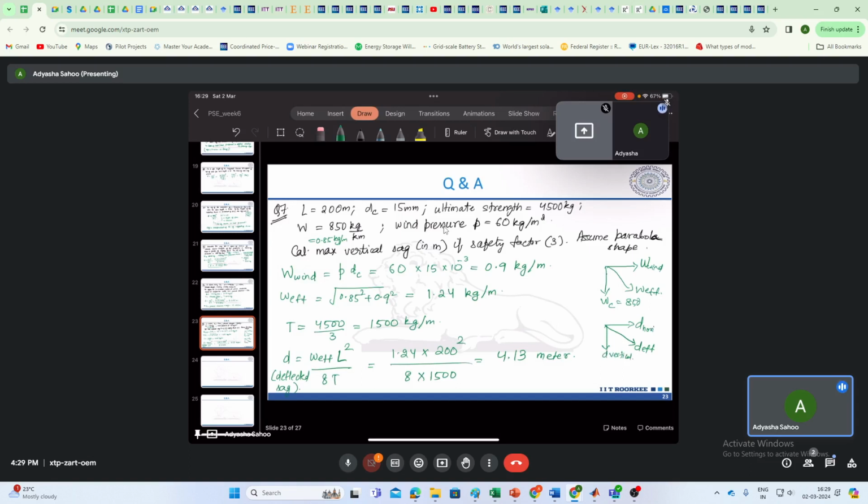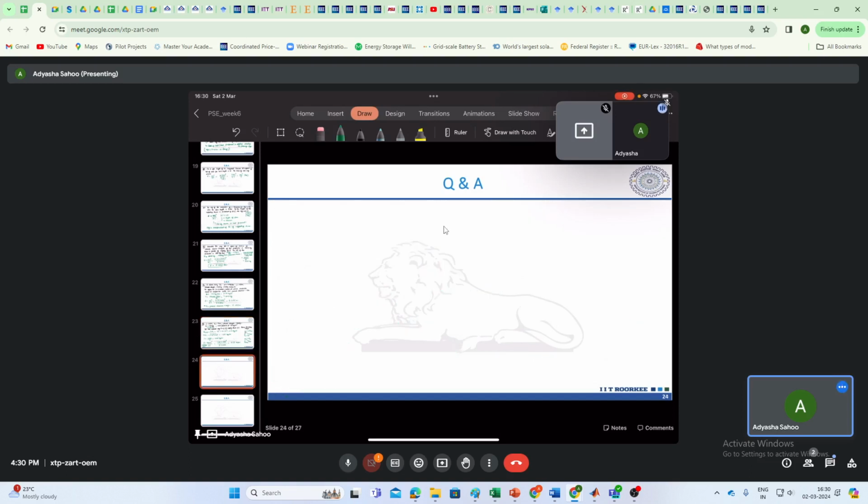So we can first find out this theta. So let me do it on a fresh slide. So this is your W wind, W conductor, W effective. This is theta.